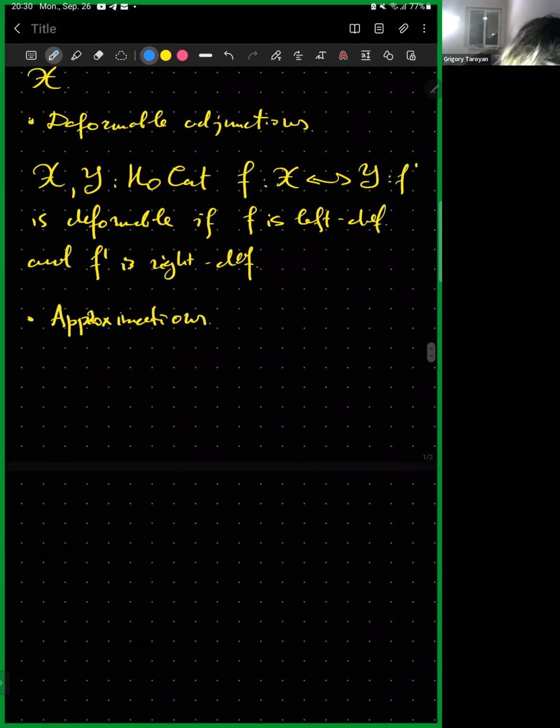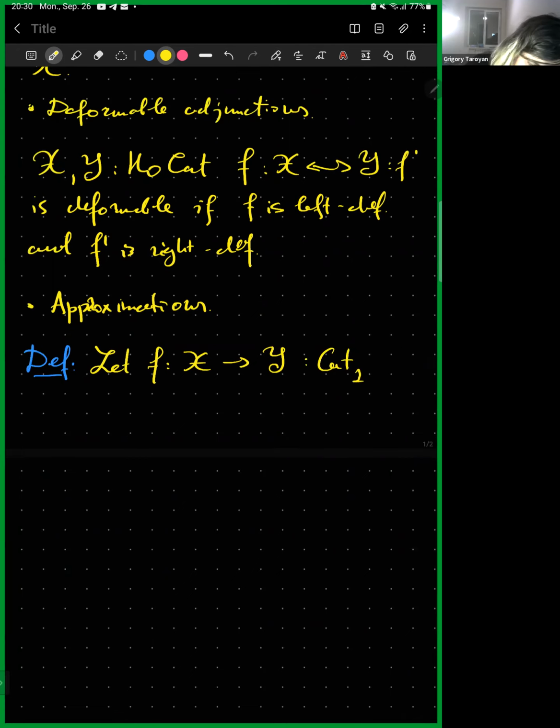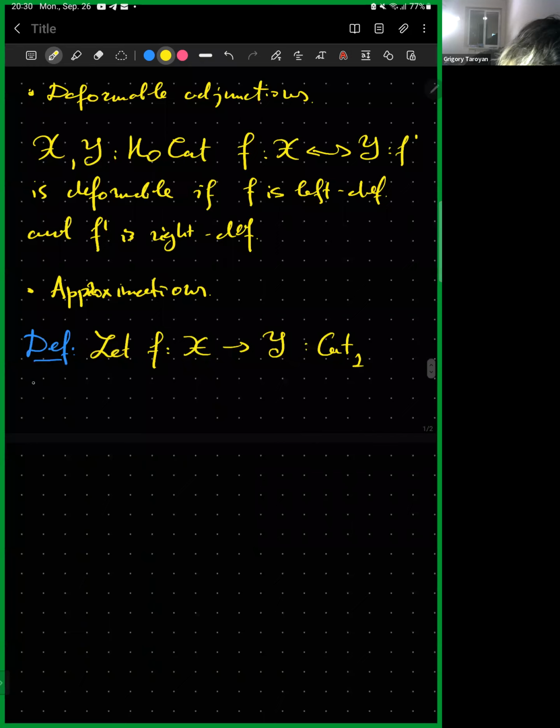Let me give a definition. Let F be a functor from X to Y, where X and Y are homotopical categories.